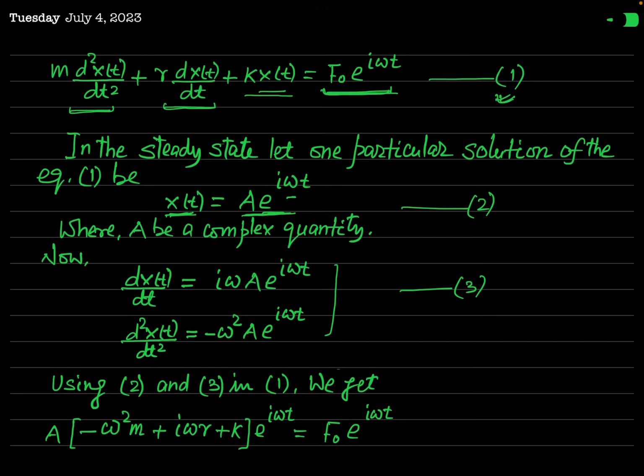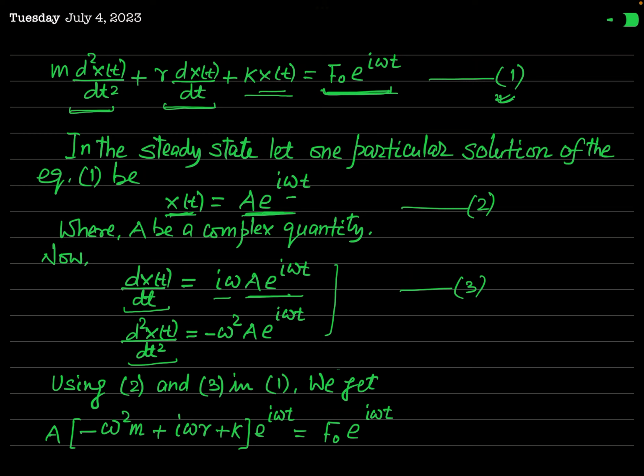So you can see x of t is equal to a times e to the power i omega t. You can easily say what dx by dt will be. This is a simple differentiation.